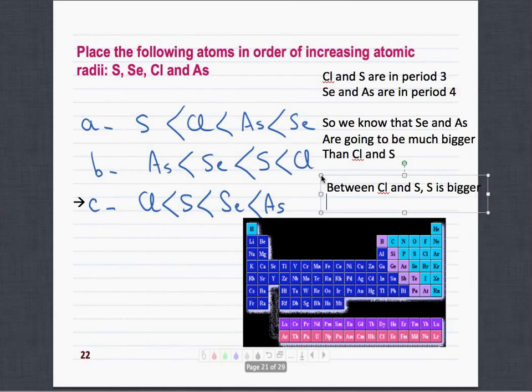So I'm going to stop it right here and check what you think. And I have 80% for C.